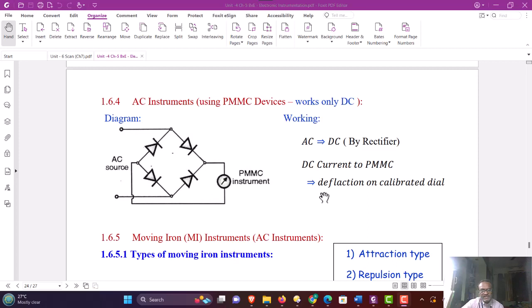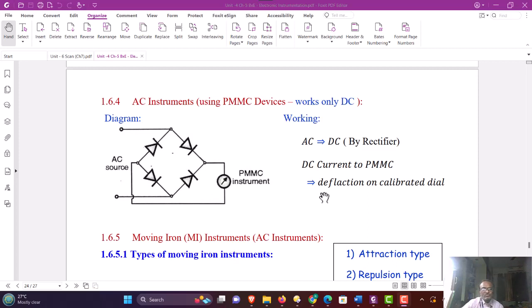When the input changes the direction, the current direction change and force also changes the direction. So pointer will continuously move up and down. And due to inertia, the pointer will never move if the frequency of the input AC current is changing rapidly. And that's why PMMC instrument doesn't work on AC.